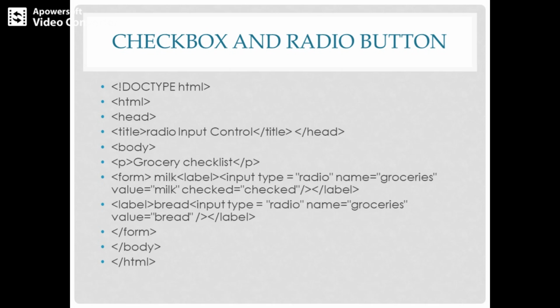Here we have specified the type to be radio button. That means at a time only one can be on. That is the difference between a radio button and a checkbox. We can tick a group of checkboxes, whereas it is possible to mark only one radio button at a time.